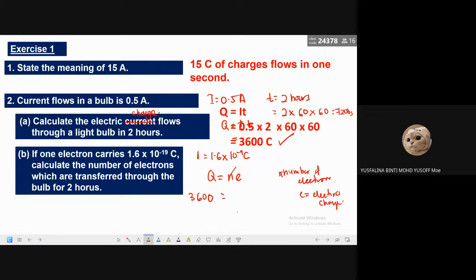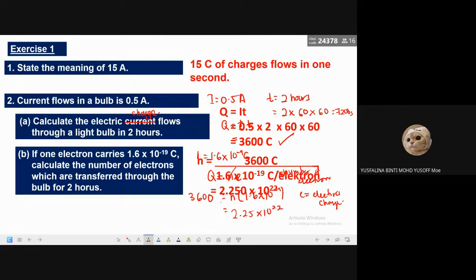Okay, and the N is the number of electrons that we need to find, and E is the 1.6 times 10 power of negative 19. So you just need to divide 3600 by 1.6 exponent negative 19. So you will get like 2.25 times 10 power of 22.